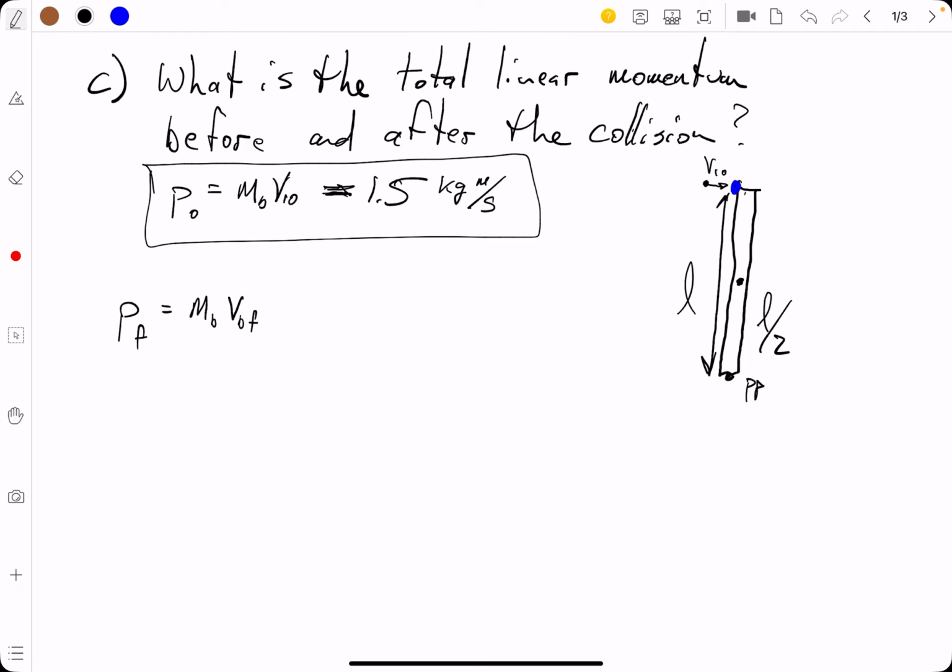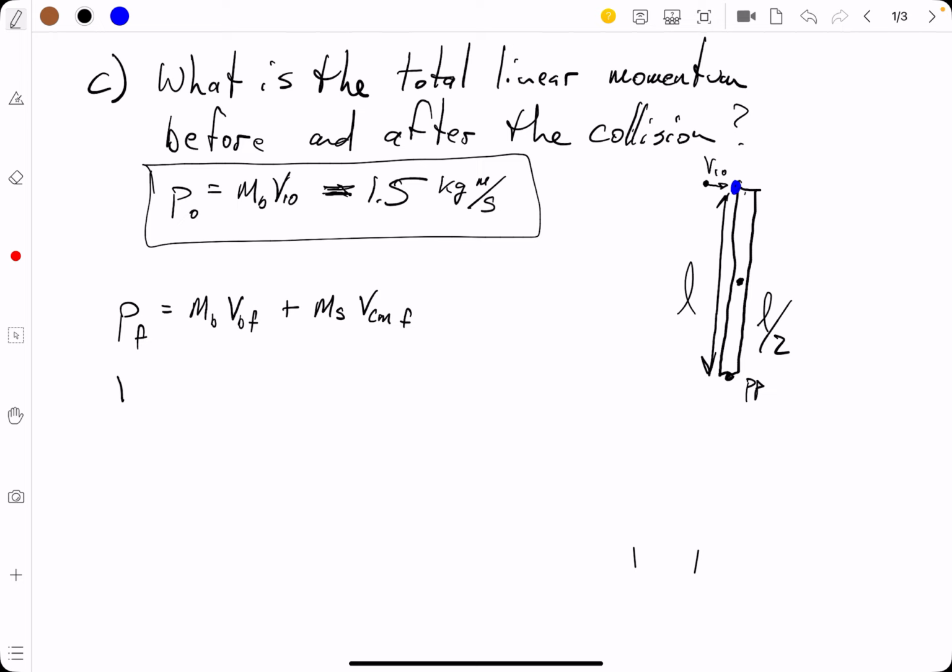But we're also going to add in the mass of the stick times the velocity of the center of mass of the stick. It's final velocity. All right, so all we have to do is figure out a couple of things.